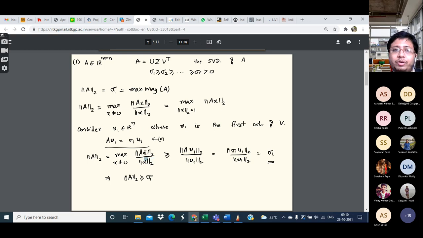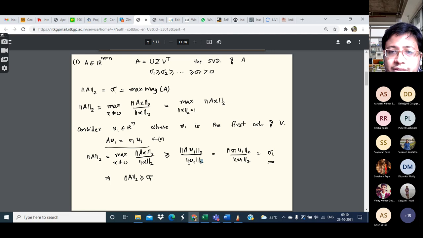Now suppose I choose x equal to V1. This quantity has to be less than or equal to the 2 norm. Why? Because the 2 norm is the maximum possible value of this quantity, which is achieved for some x which we don't know as yet. But for any arbitrary x such as V1, the value can be less than or equal to the operator norm only. It cannot be greater than that because this is a maximum already.